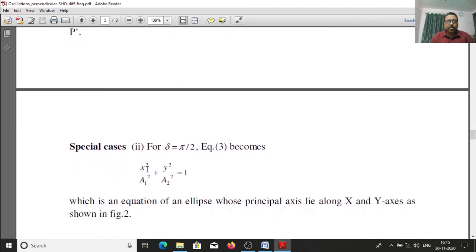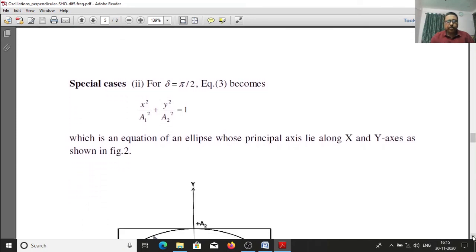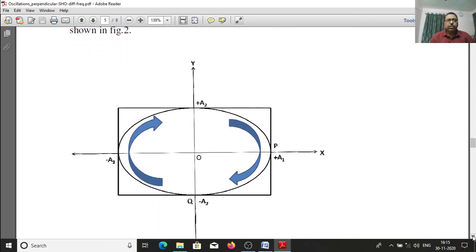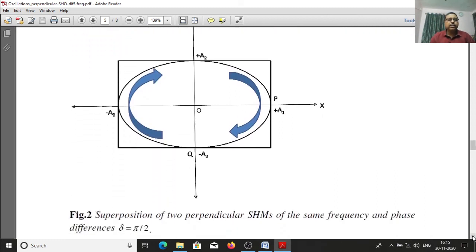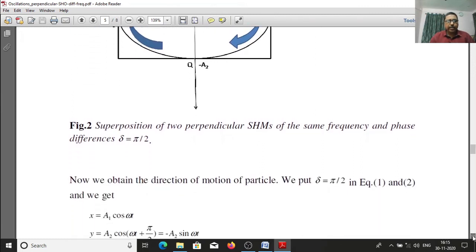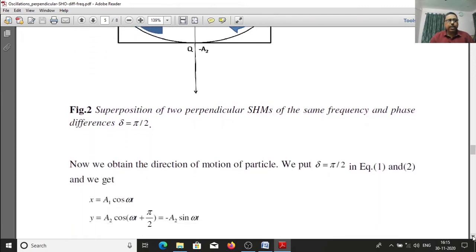With the equation x square by a1 square plus y square by a2 square, we get this: the direction of motion is along the arrow, and x equal to a1 cos omega t and y equal to minus a2 sin omega t.